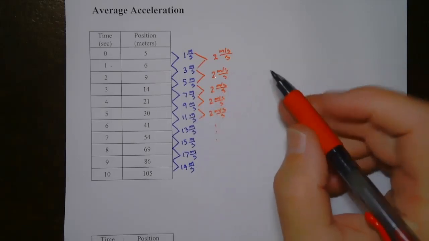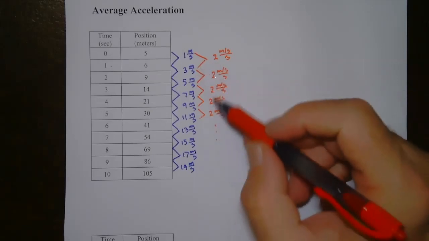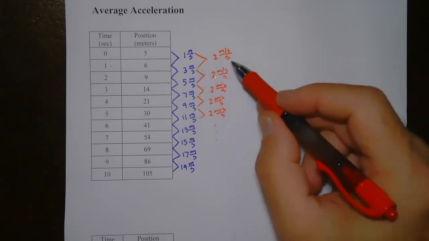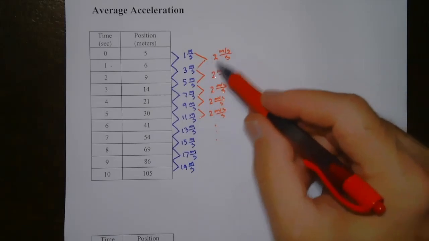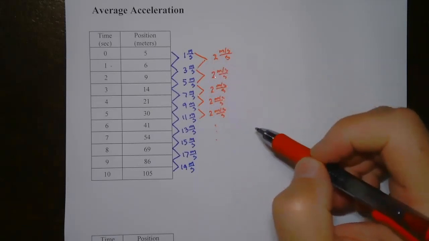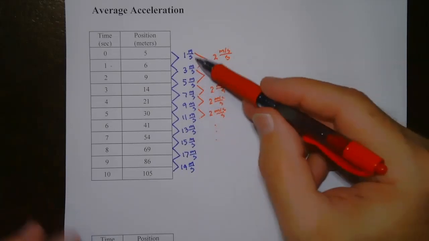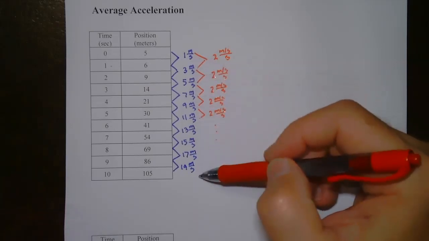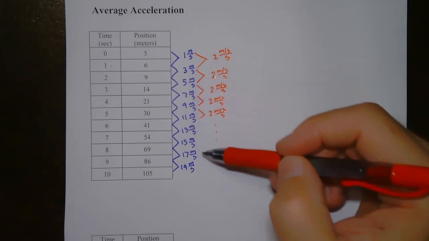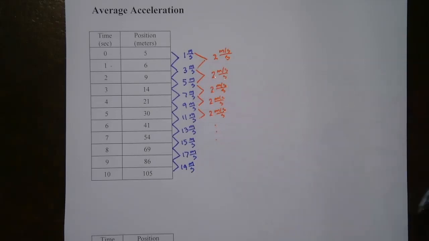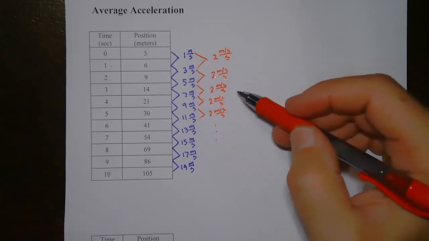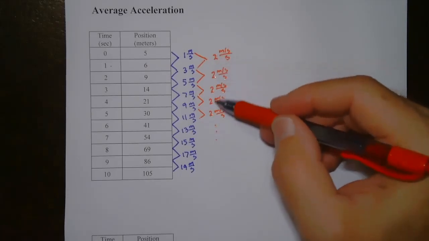That right there, when the velocities are increasing at a constant rate like this, anytime the velocities are increasing like this, or changing, we call that acceleration. All right. Now, in this physics class, these have to be the same.